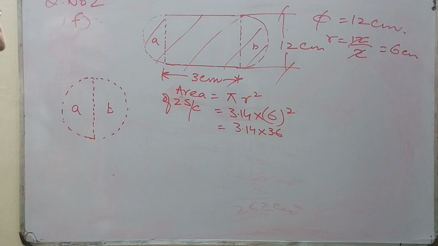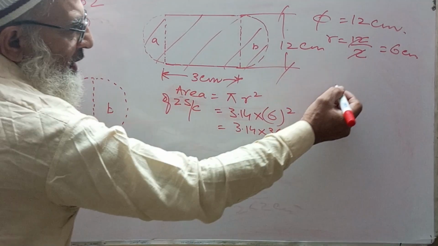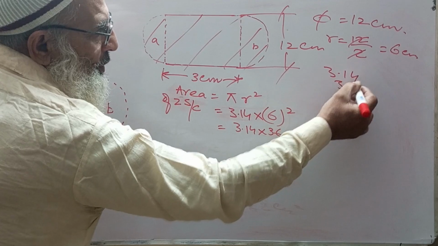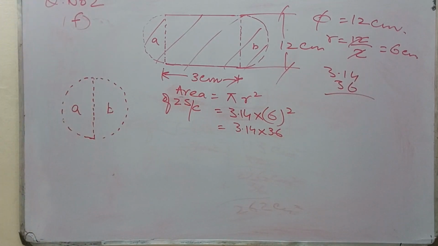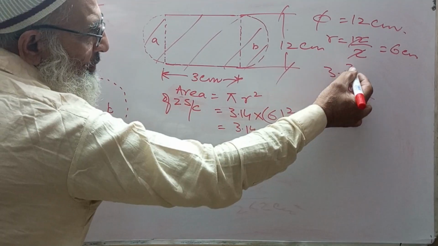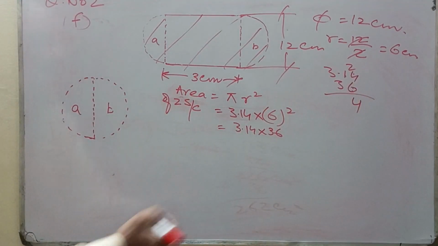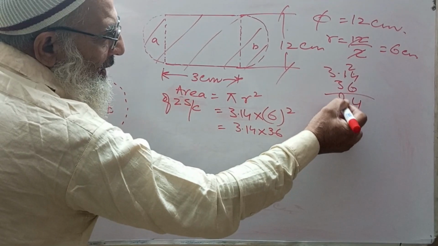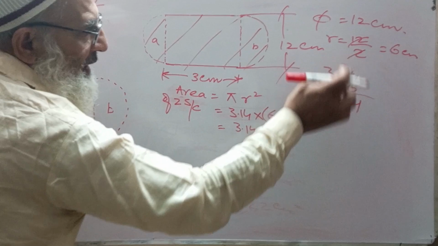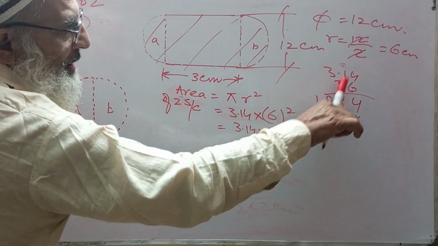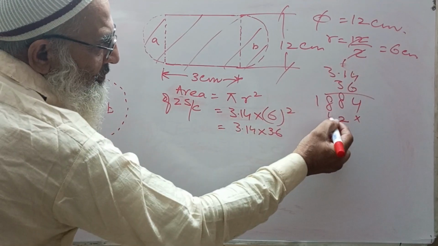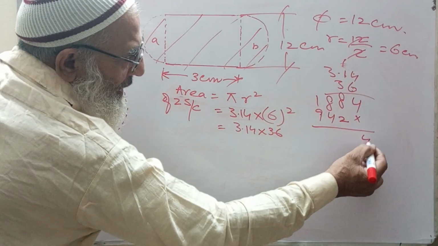Now multiply this 36 with 3.14. 6 times 4 is 24, 6 times 1 is 6 and 8 is 18, 18.84, and the second one will be 3, 1, 2, 1 carry, 3, 1, 3, 4, and this is your area.